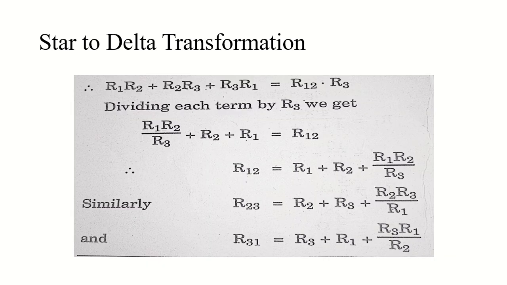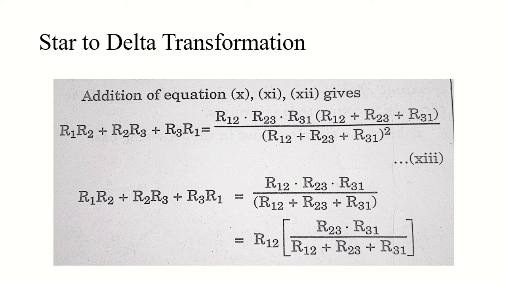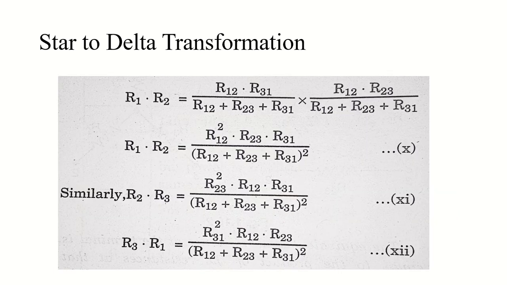What was the value of R12? This is the value of R12, right? So this is how we derived the value of R12. So we can also put the value of R12 back in either of these equations, and we can derive it.